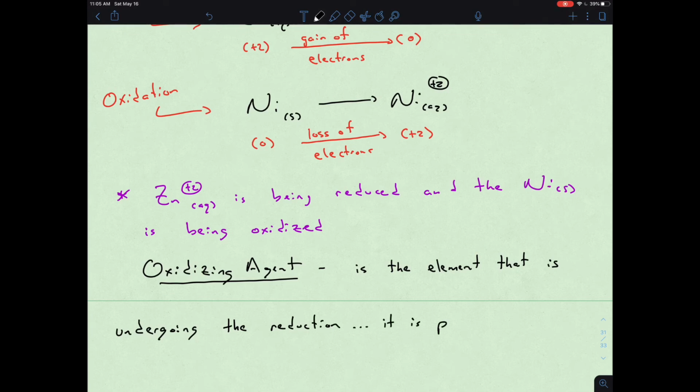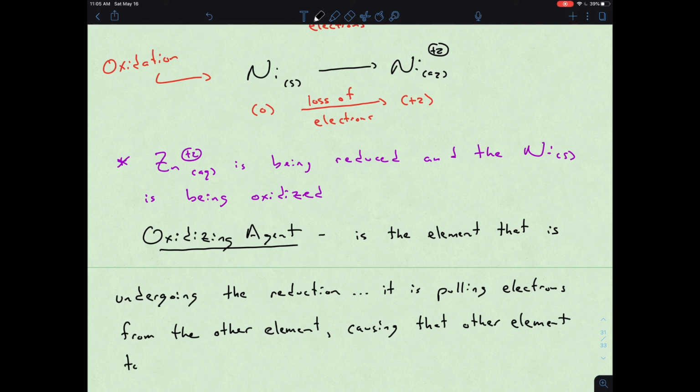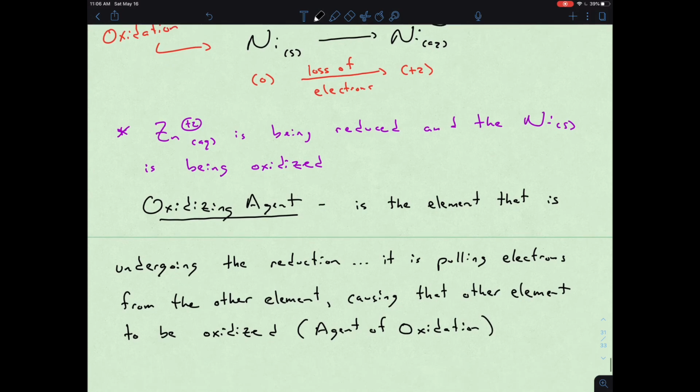It is pulling electrons from the other element, causing that other element to be oxidized. So you can say it's the agent of oxidation, or oxidizing agent.